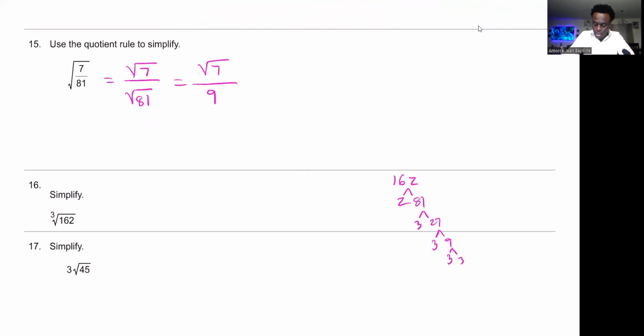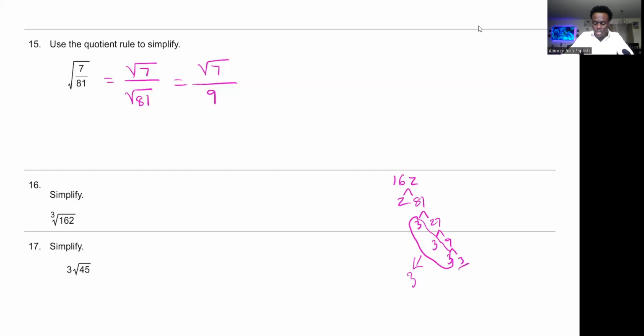And then we make one group of 2 elements. Oh, wait, it's a 3. So we would make one group of 3, and anything that we could not make a group of will multiply and stay inside of the radical.